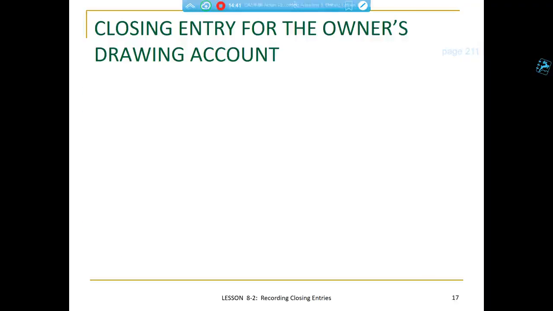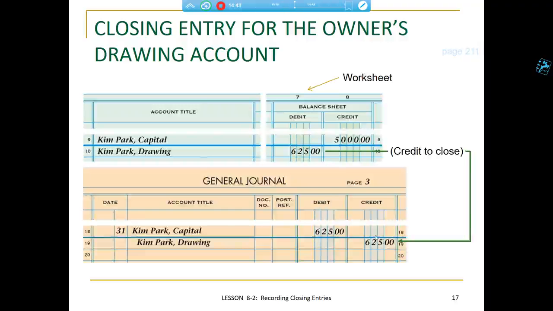Last piece, last closing entry is my drawing account. I go over to, again, my worksheet. I'm now in the balance sheet columns, going over to the drawing. My drawing is normal side debit balance. I'm going to close that to my capital account.